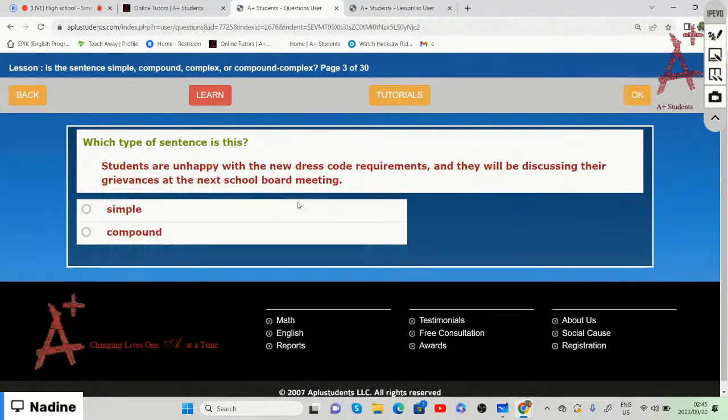Then, students are unhappy with the new dress code requirements and they will be discussing the grievances at the next school board meeting. So is this a simple or compound sentence?